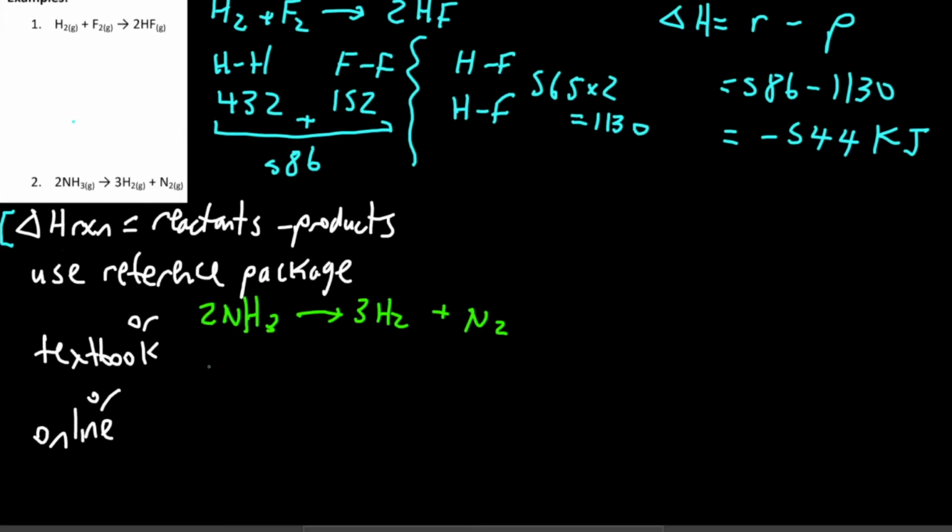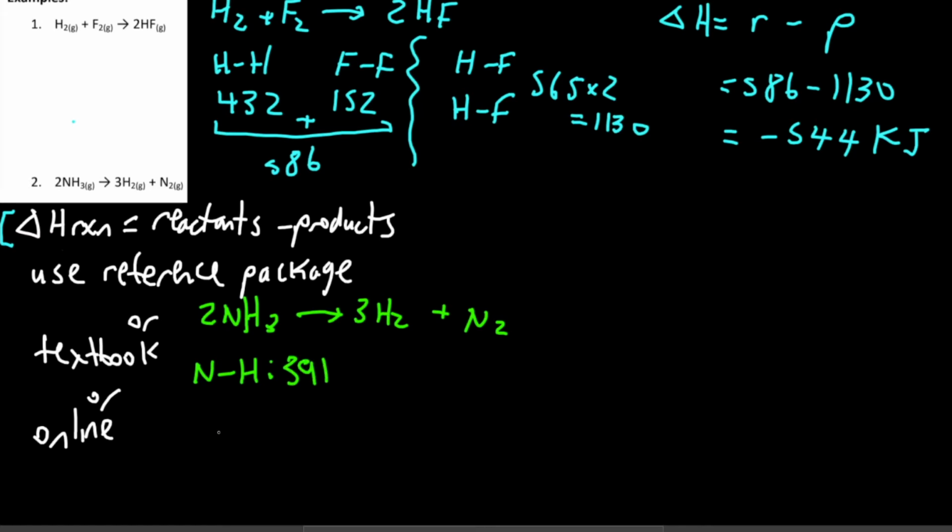Now, for the next question, we also have to figure out the bond energies. So first we have NH3. So looking at the reference package that I have, NH, this bond energy is 391.